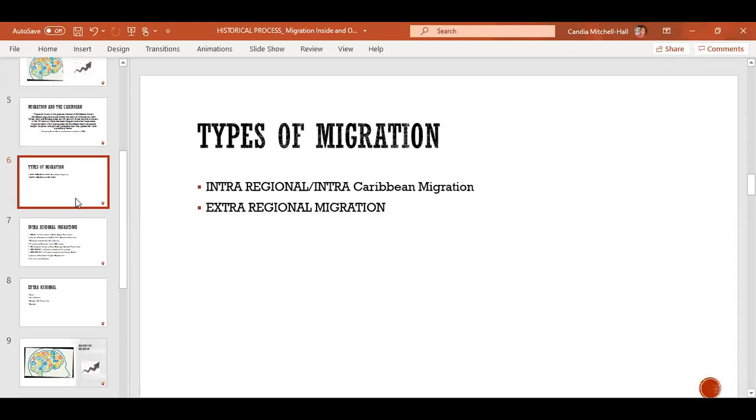Sir, it has to do with moving within the Caribbean region itself. So, for example, from Jamaica to Cayman. Yes, go ahead, Elliot. The example was from Jamaica to Cayman. From Jamaica to Cayman, very good. That is a very good example.